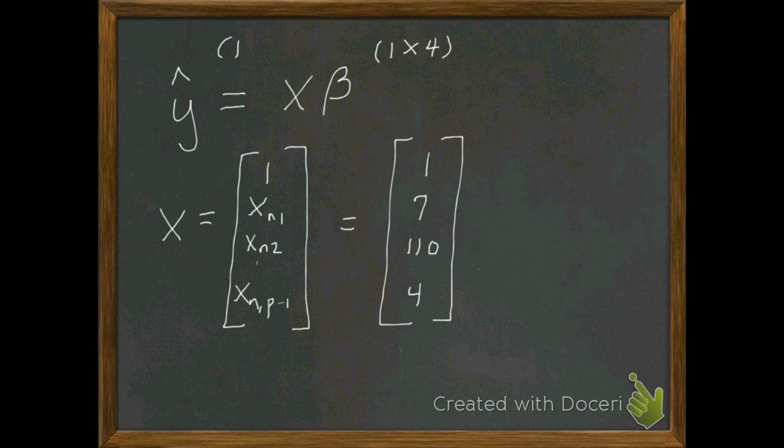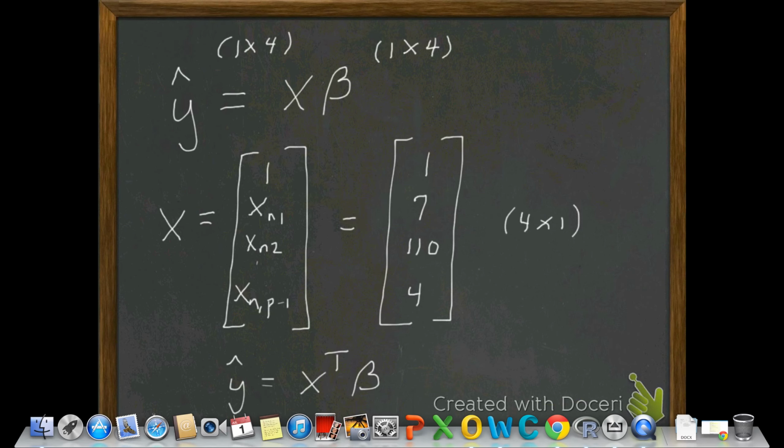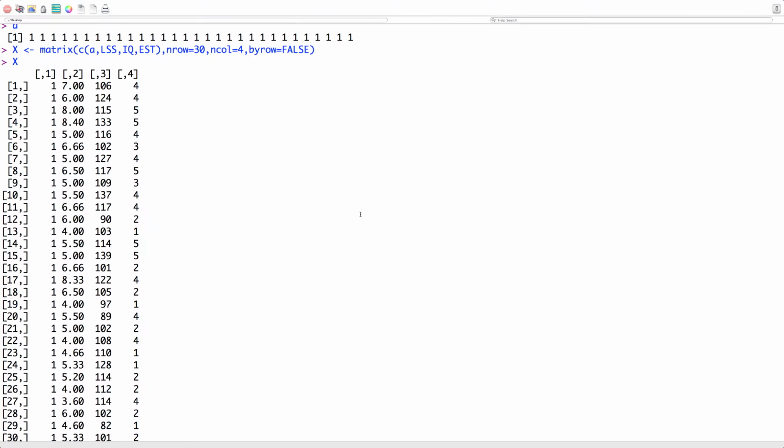Our x matrix is going to be a 1 by 4. So what we're going to have to do is take x transpose, which makes this a 4 by 1, times beta. Yes. All right. So let's get back into R.